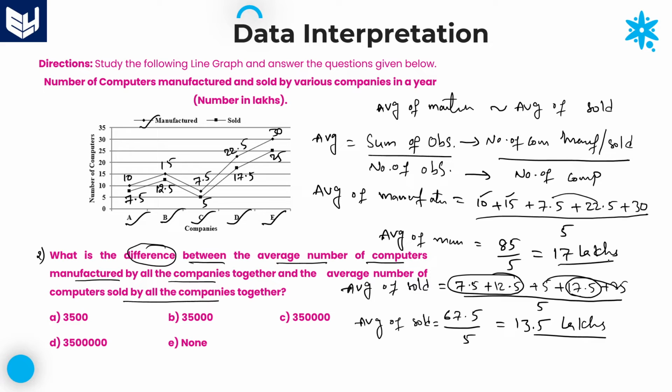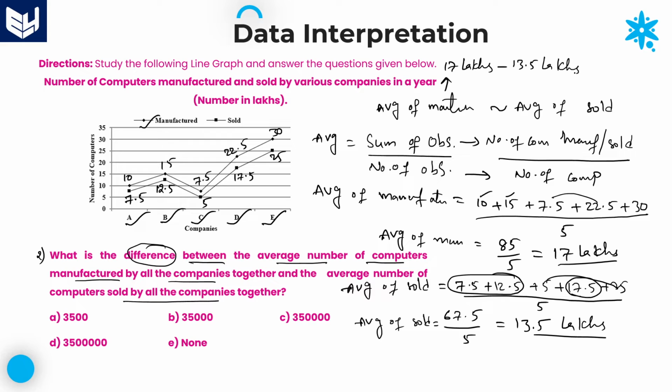Whereas the average number of computers which are manufactured is 17 lakhs. Now you need to take the difference between these two. Here it is 17 lakhs minus the average of computers which are sold, that is 13.5 lakhs.